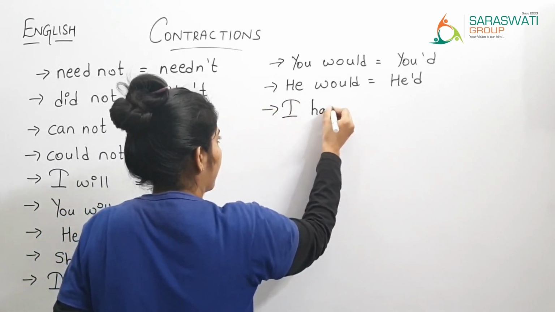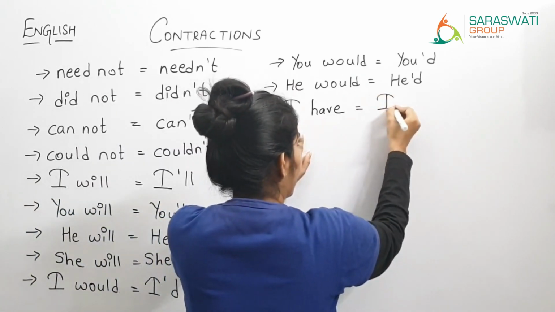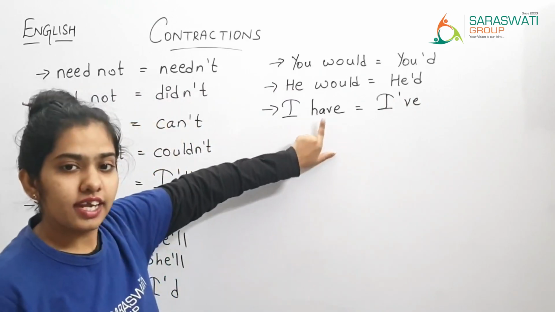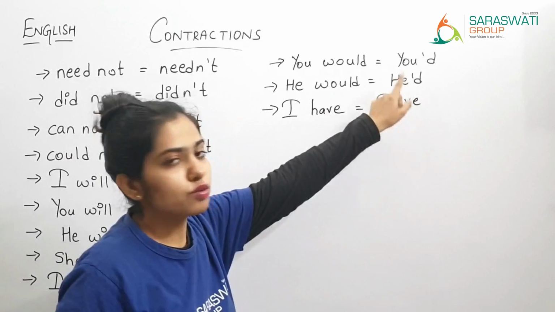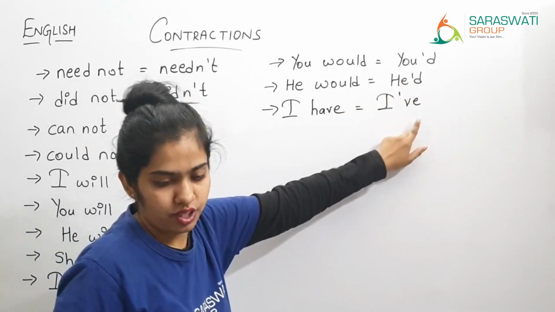I have. So for I have, I apostrophe V E. H and A are dropped over here, and instead of that we have used an apostrophe sign. I have.